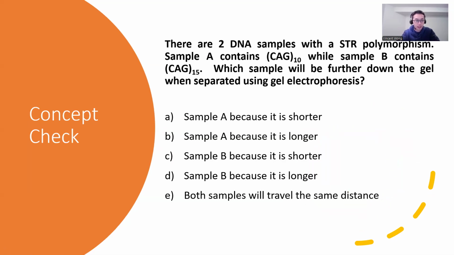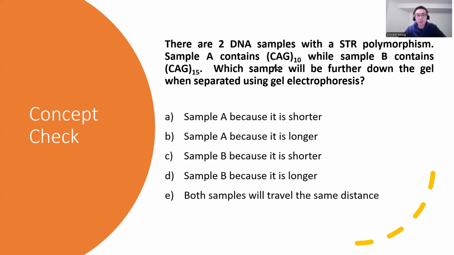Let's take a look at the next one. There are two DNA samples with an STR polymorphism. An STR polymorphism refers to short tandem repeats, and they might be repeated a different number of times in different individuals.